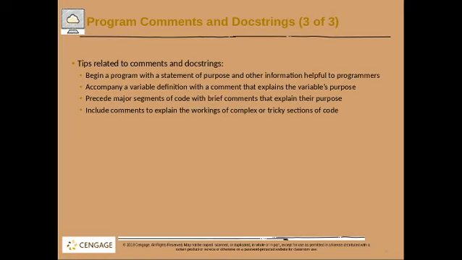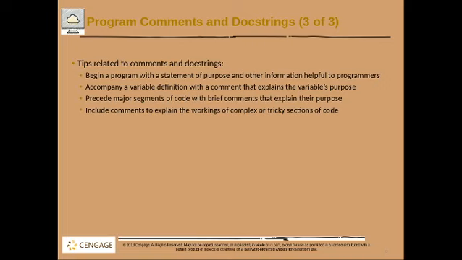Tips related to comments and docstrings. Begin a program with a statement of purpose and other information helpful to programmers. That doesn't include only other programmers but also yourself, because down the line, even within a few weeks or several years later, when you go back to a program you wrote, you will need to remember exactly what that program is for, what that variable is.